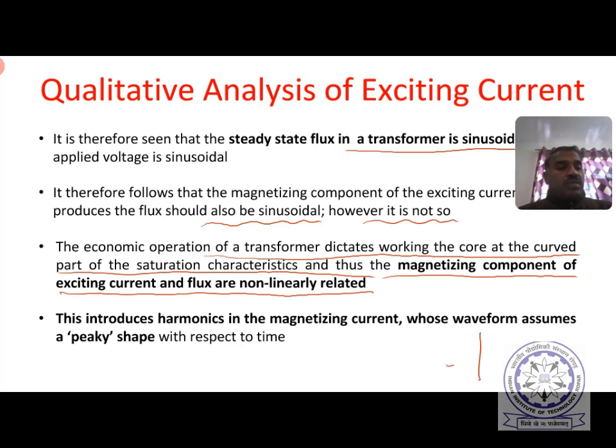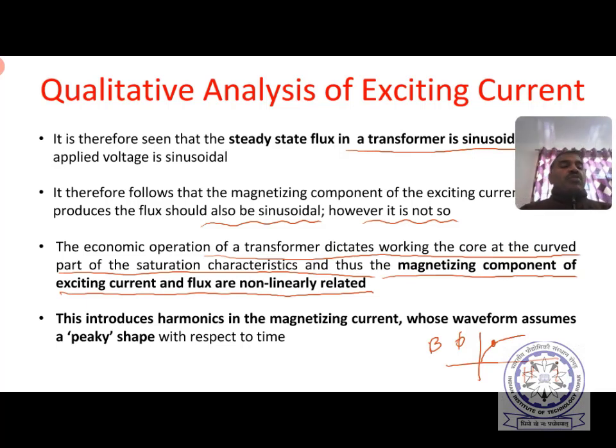So this is the magnetization characteristic. Around here it operates. That's the reason. This is phi or flux density B, this is H or current I. So the relation between I and phi, or H and B, is nonlinear.